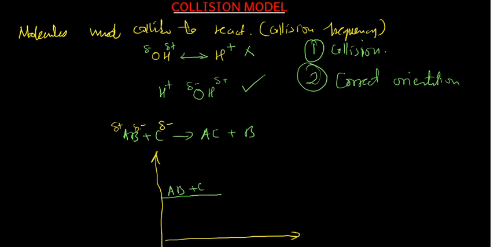So on this point, we have got potential energy, because as they are colliding, kinetic energy is being converted into potential energy. So when they do collide, there should be a certain kind of energy that has to be overcome for this reaction to happen.